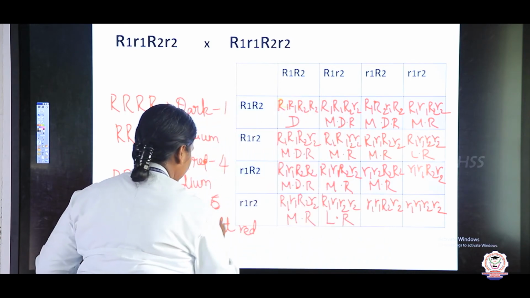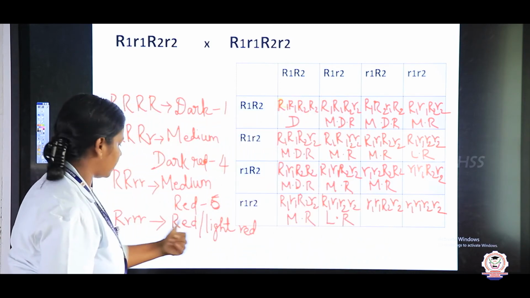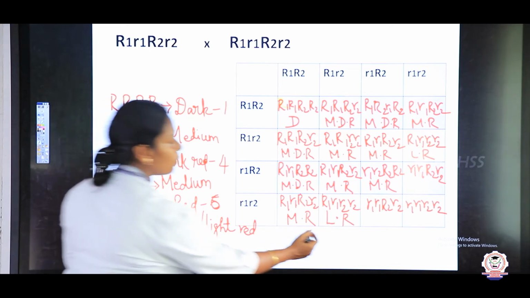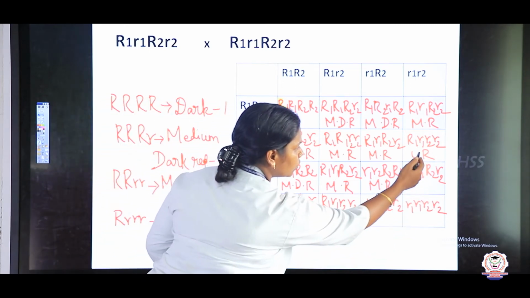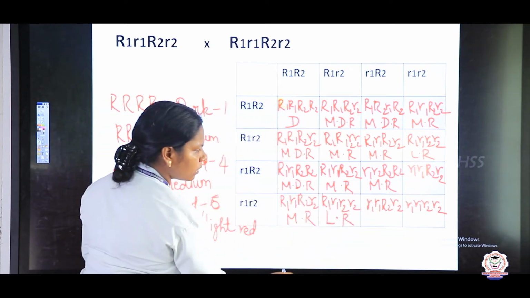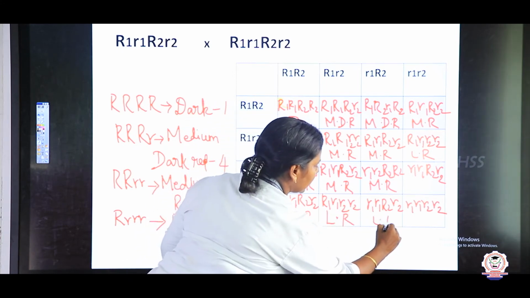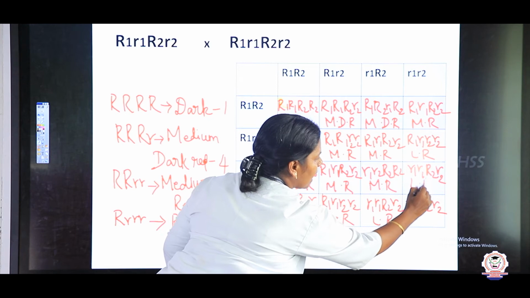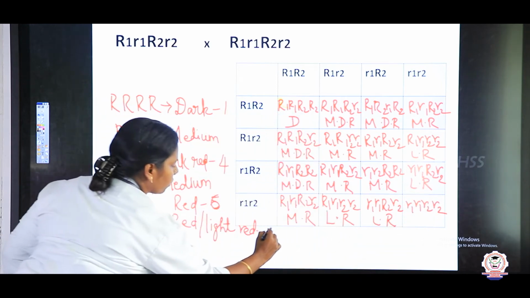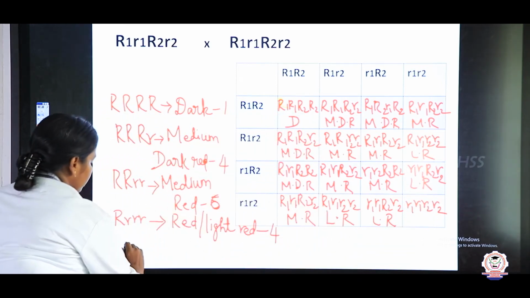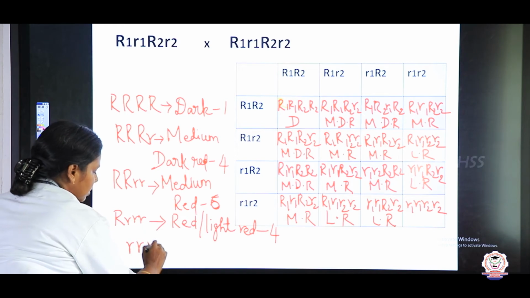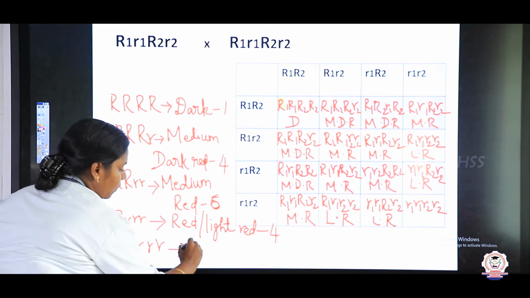So here we can say how many light red, children? 1, 2, and then one more. Yes, 3 R, right? So this also light R, and this one also light R. So 4. And small r, small r, small r, small r denotes a white kernel.